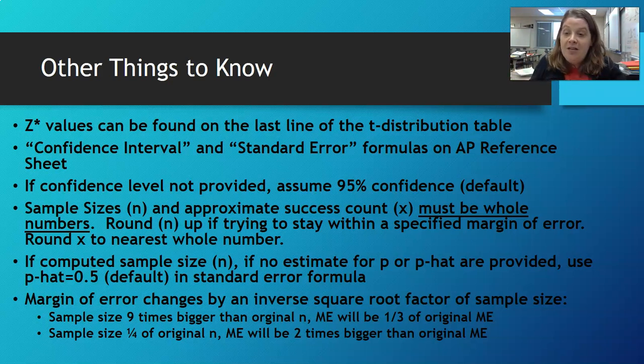Same thing if your sample size is 1/4 of the original sample size. Your sample size goes down, so we would expect margin of error to go up, and it goes up by a square root factor. If your sample size is 1/4 the size, then the square root of 4 is 2, so my margin of error is going to be twice as big. So there's this reciprocal square root change happening there.